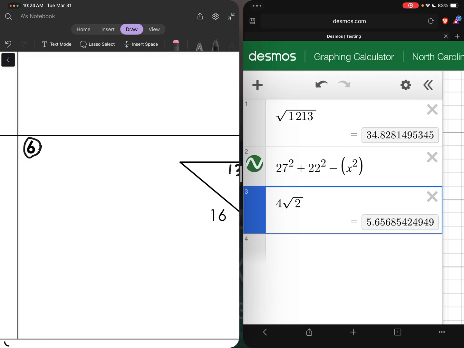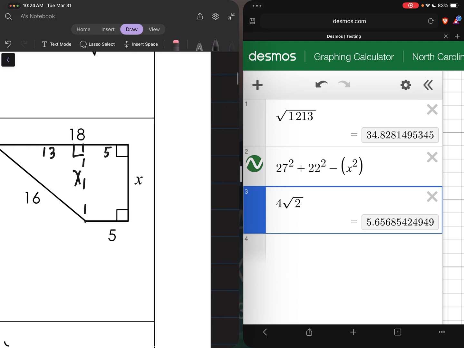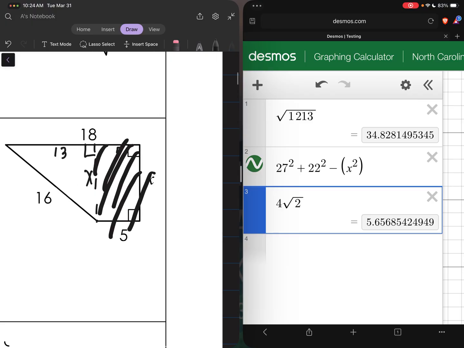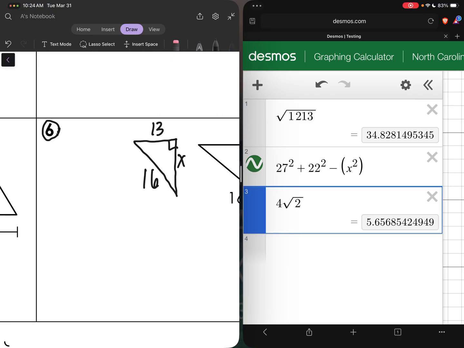So the triangle that I'm going to work with is 13, x, and 16. By doing this, I am eliminating this part of the figure, and I just have a right triangle to work with to find x. 13 squared plus x squared equals 16 squared.